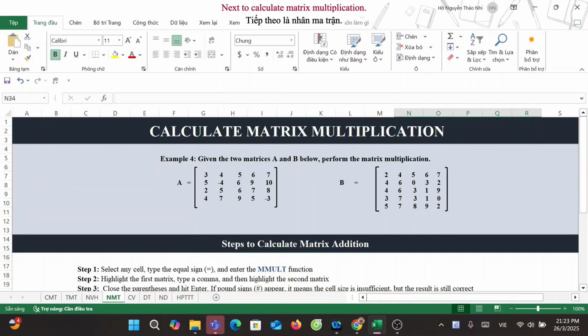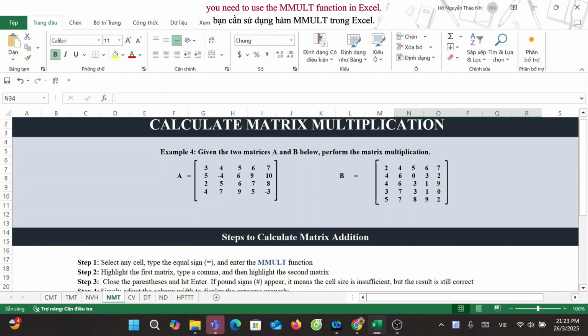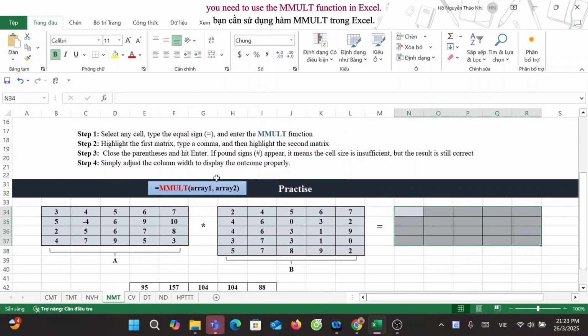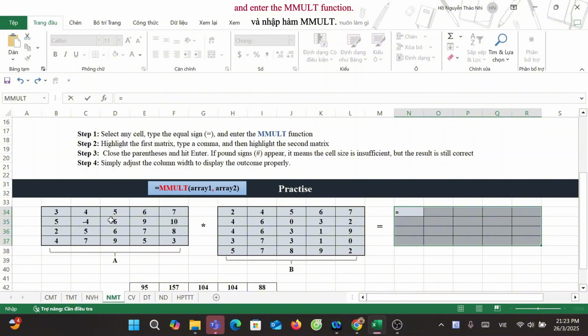Next, to calculate matrix multiplication. To multiply two matrices, you need to use the MMULT function in Excel. First, select any cell, type the equal sign, and enter the MMULT function.